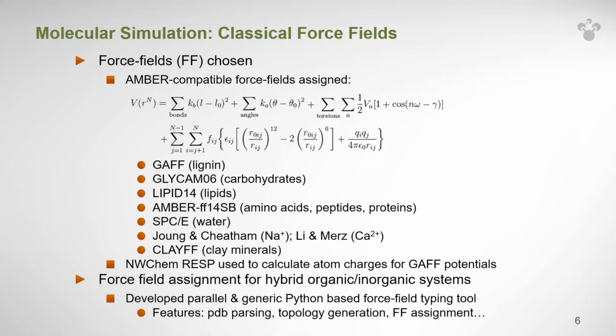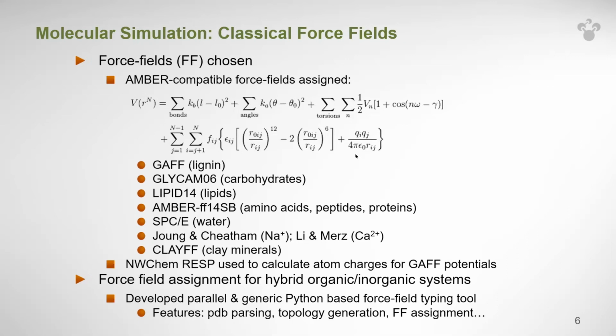So I'm not going to go into a lot of detail with how we did the classical molecular dynamics, but I'll say that we use the Amber compatible force field for all of the components in the system. We use NWChem to get atom charges to assign to the lignin atoms.